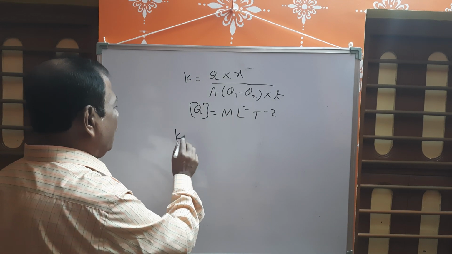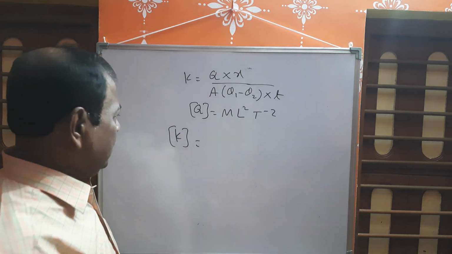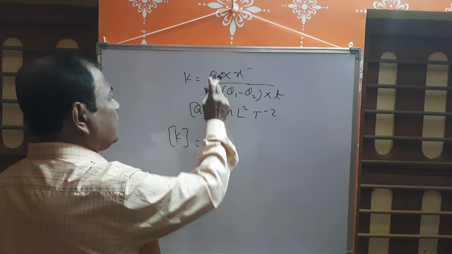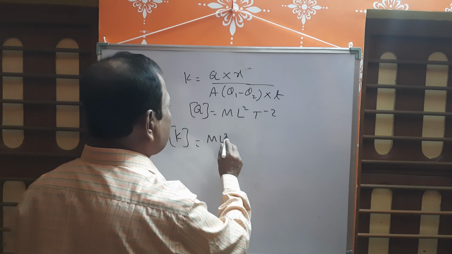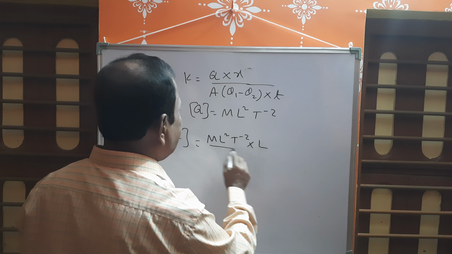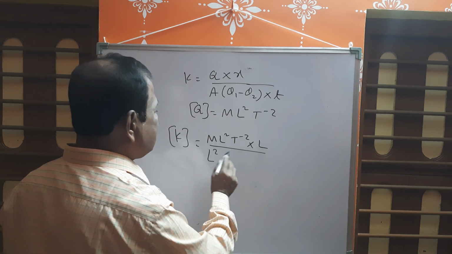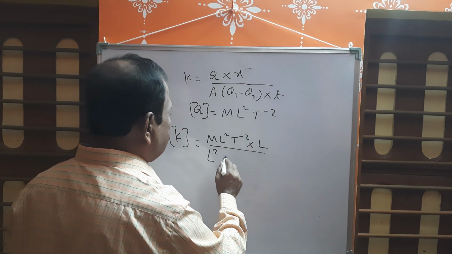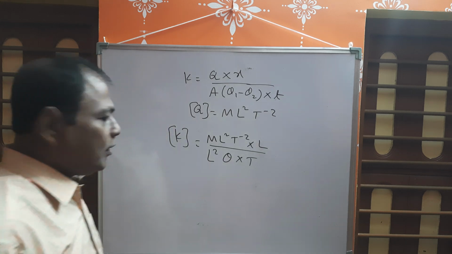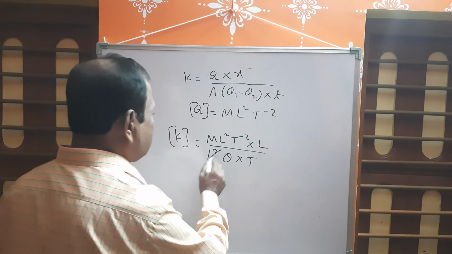So what is the dimension of K? The dimension of Q is M L square T to the power minus 2. x is length, A is length square, theta 1 minus theta 2 is theta, t is time. If you simplify, L square cancels out.